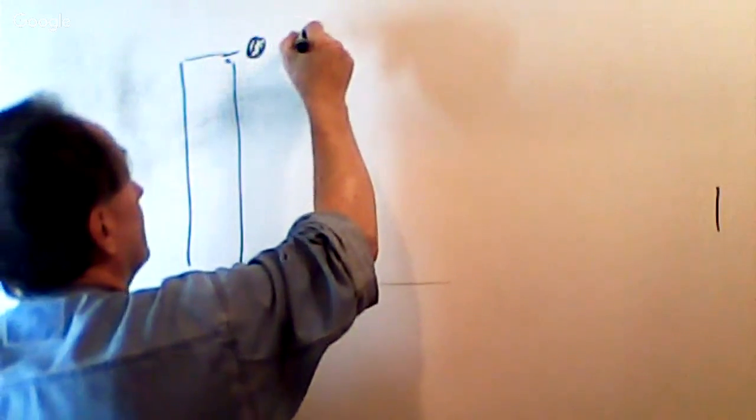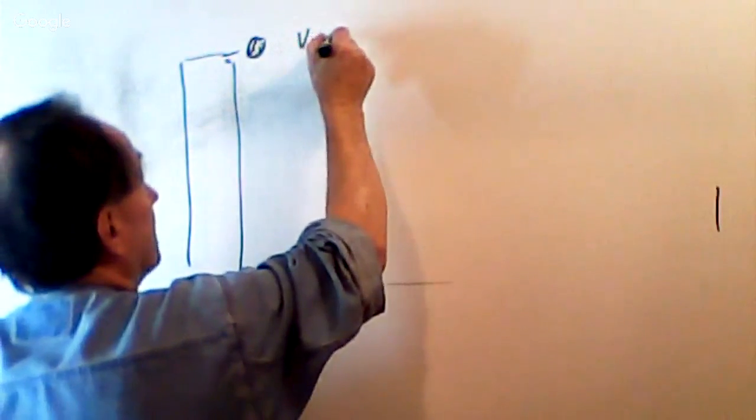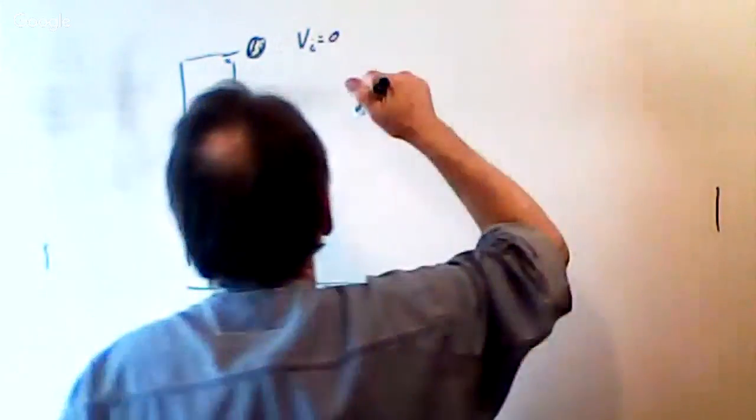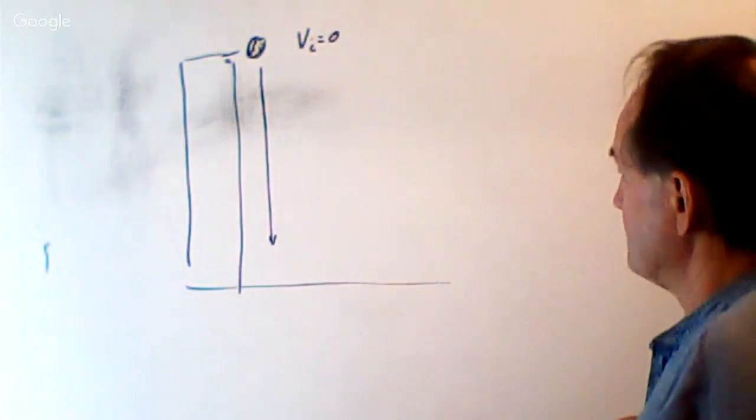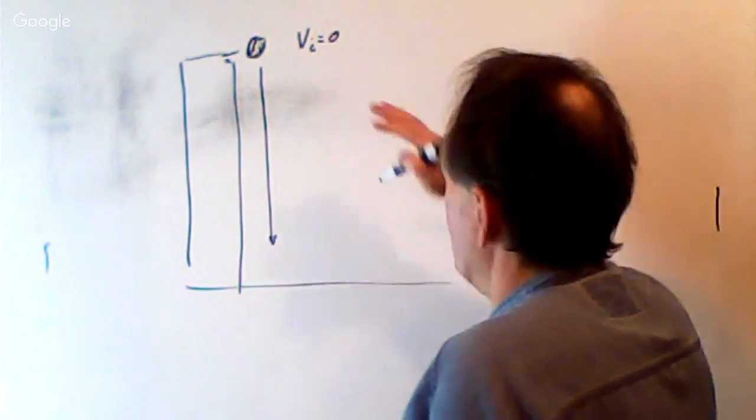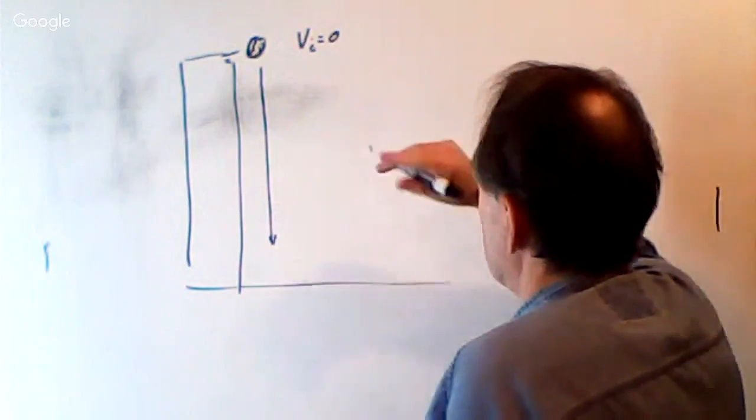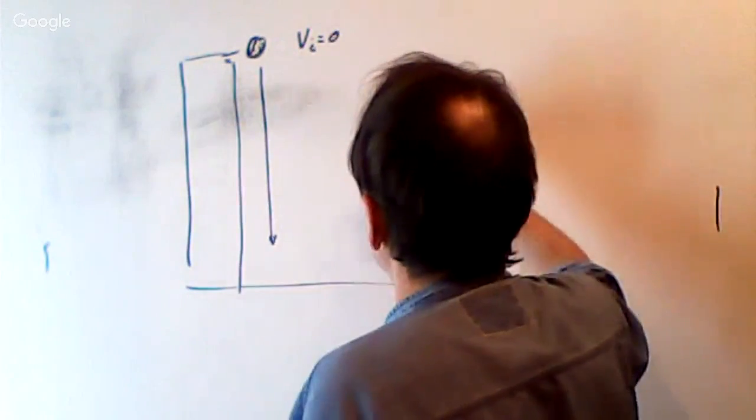This is our ball. So the initial velocity is 0. You're holding it and then you release it. It's going to drop. And the rate at which it drops, its velocity changes with time because of gravitational acceleration.